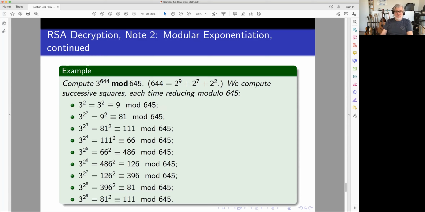But in any case, we've got all the successive squares of 3 up to the biggest one that we require. We've got all of them mod 645. And again, this doesn't take very long, right? I've got another slide where I'm going to talk about actually doing this.